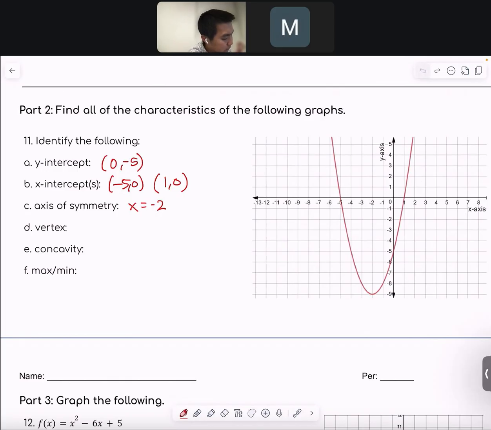Negative 2, negative 9. Okay, concavity. It's a happy face, so it concaves up. And because it concaves up, it has a low point, which is a minimum. So that one, you just have to identify characteristics based off the graph of a quadratic.